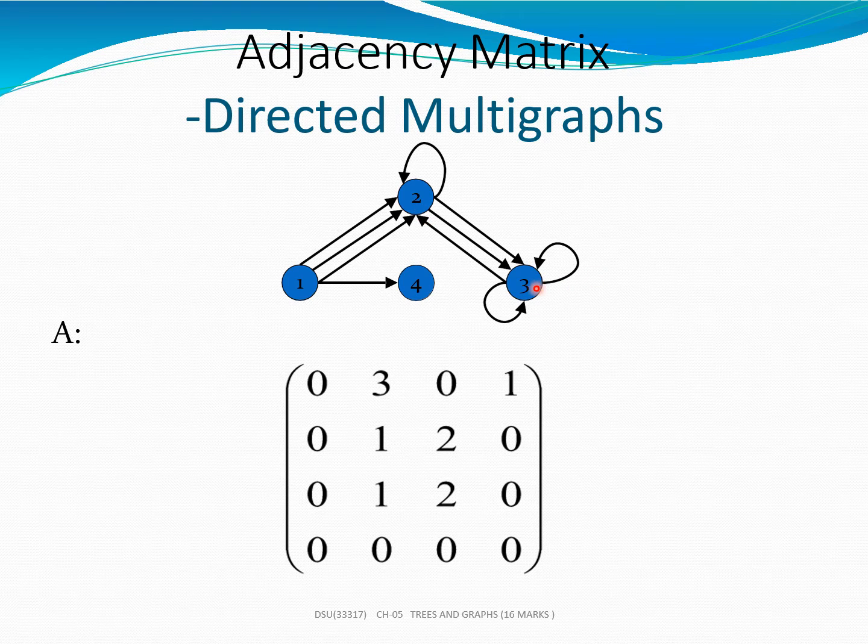And 3 to 3, there are two loops for this vertex, that's why the value is 2. And 3 to 4 is 0. Now 4: 4 to 1 is 0. 4 to 2 is 0. 4 to 3 is 0. 4 to 4 is 0. This is the directed multigraph.